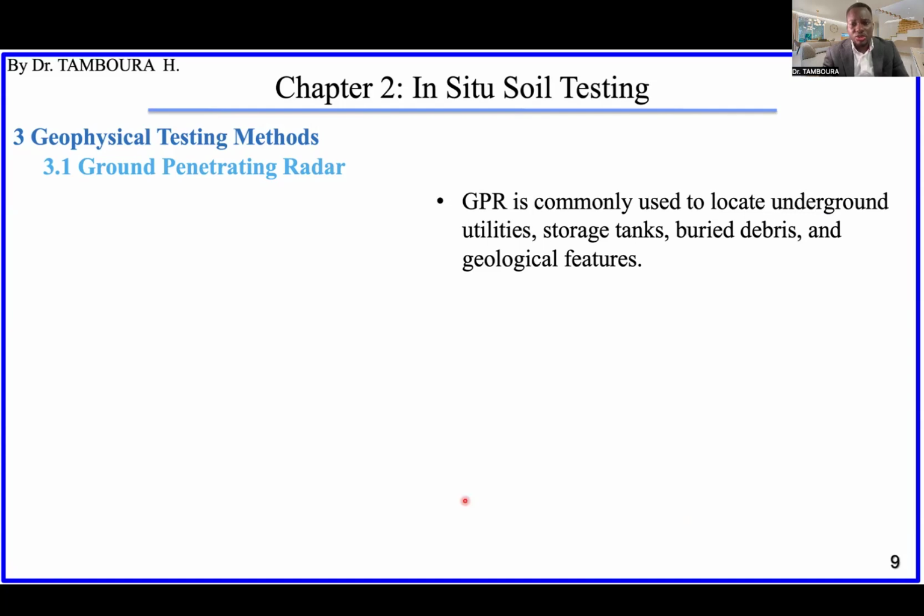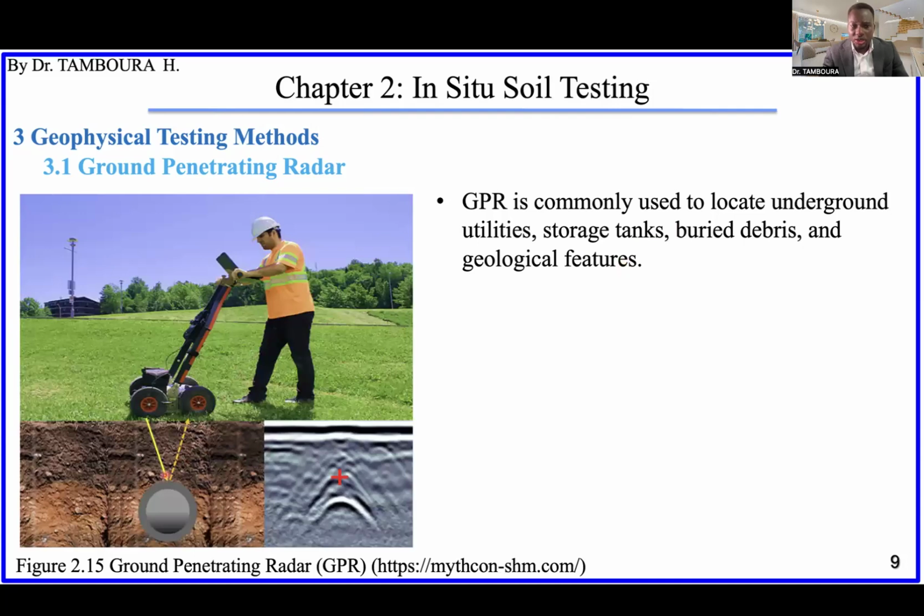GPR is commonly used to locate underground utilities as well, like pipelines and storage tanks. You will see something like this. If here we have, for example, a pipeline, and you use the machine, as you can see, this is another type of GPR machine.